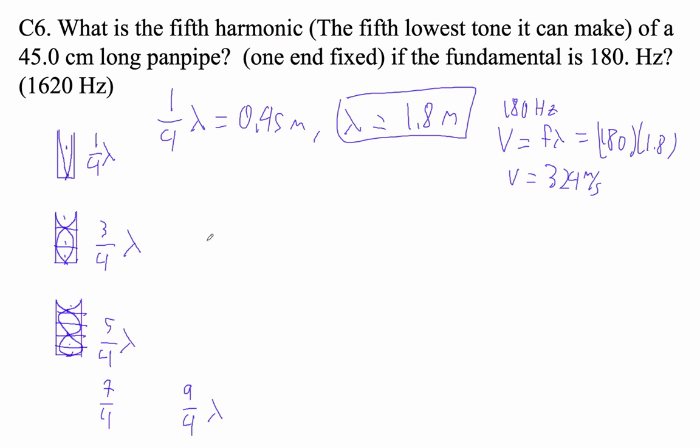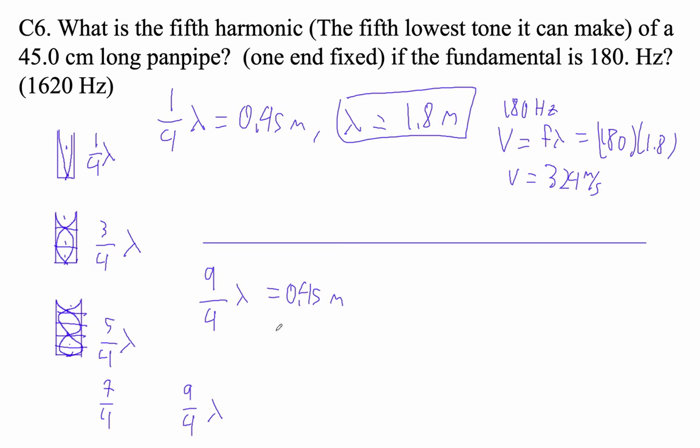Okay. So for that fifth harmonic, we can do the same thing, right? Let's figure out the new wavelength. So 9/4 wavelengths is 0.45 meters, right? So I'm going to go 0.45 times 4 divided by 9. The wavelength, wow, that's cool.